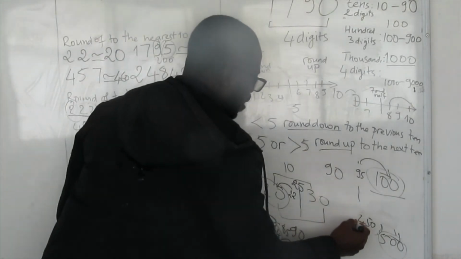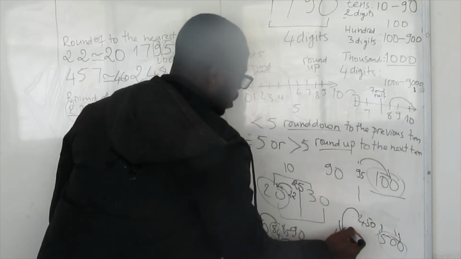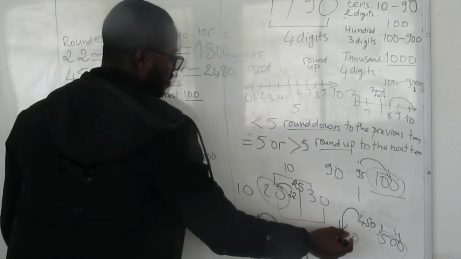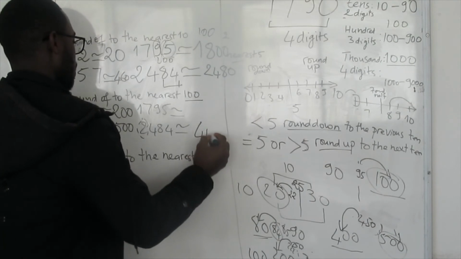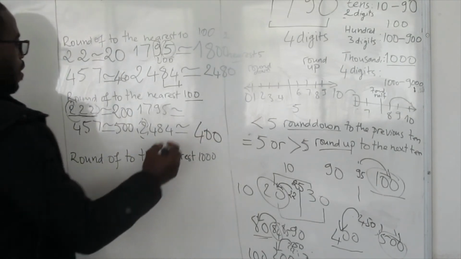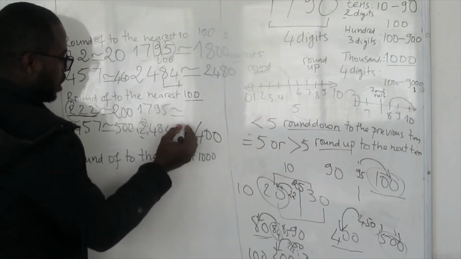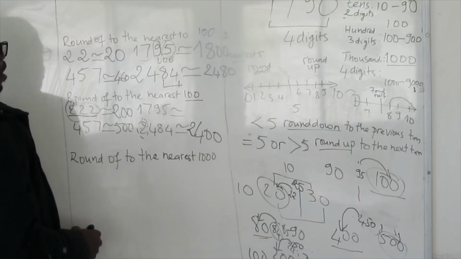It's less than 450, so we do what? We round down to the previous 100. Our previous 100 is what? 400. And don't forget to write this 2,000 as well.